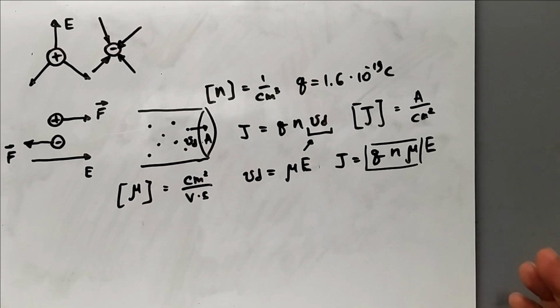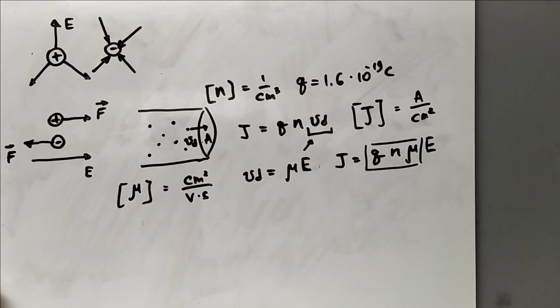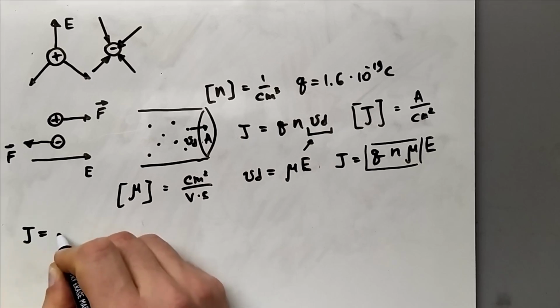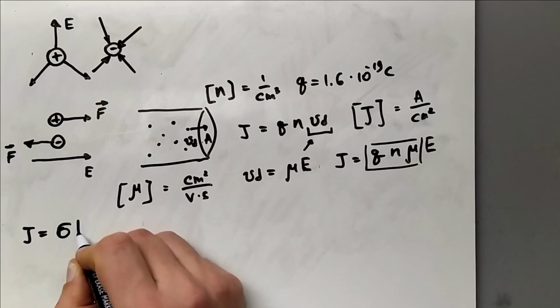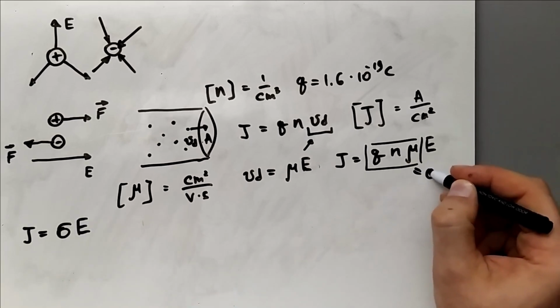These are properties of the material. So we can represent it. Here we can write again for current density that it's equal to sigma times electric field.